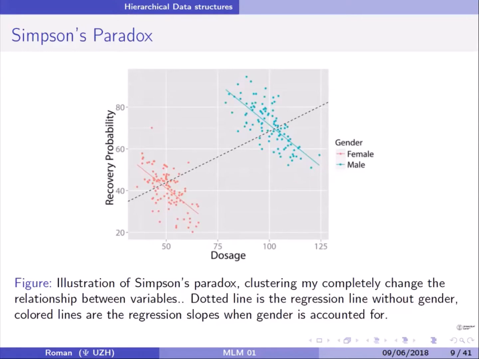This would be the slope here, saying that as dosage goes up, the probability of recovery is going up as well. But take a look at what happens when we disaggregate the data. When we take a look at male and female separately, we actually have a decreasing relationship. As your dosage increases, your recovery probability is actually going down.